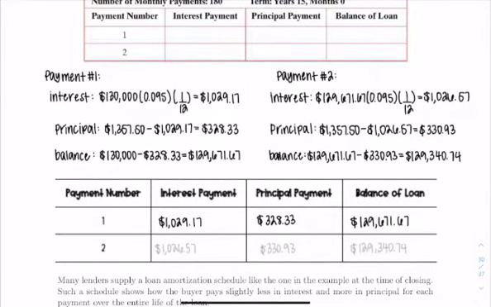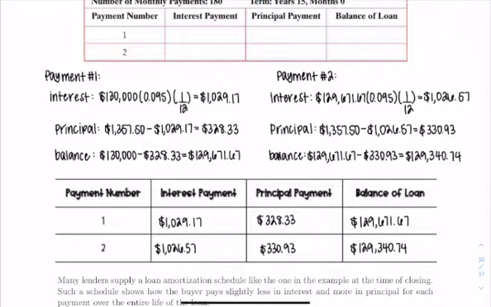So I'm going to go ahead and fill out the second row of our table. We paid $1,026.57 towards interest, $330.93 towards the principal, and then for the balance of the loan, we have $129,340.74.